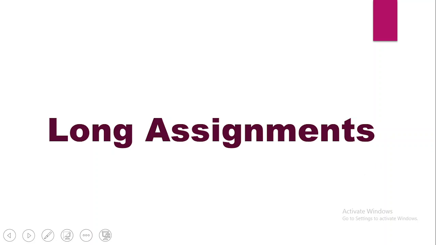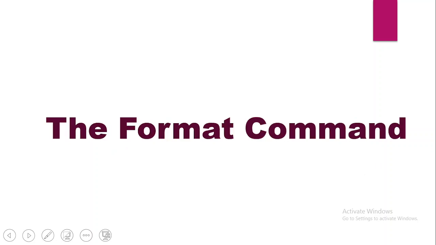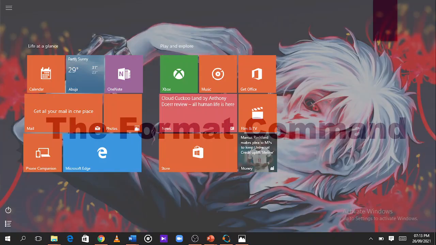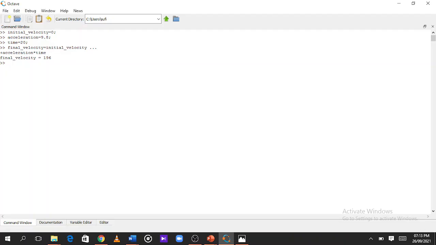So next we are going to look at the format command. By default, Matlab displays numbers with 4 decimal place values. This is known as short format. However, if you want more precision, you need to use the format command. The format long command displays 16 digits after the decimal. Let's look at what I just explained now. It's very simple.